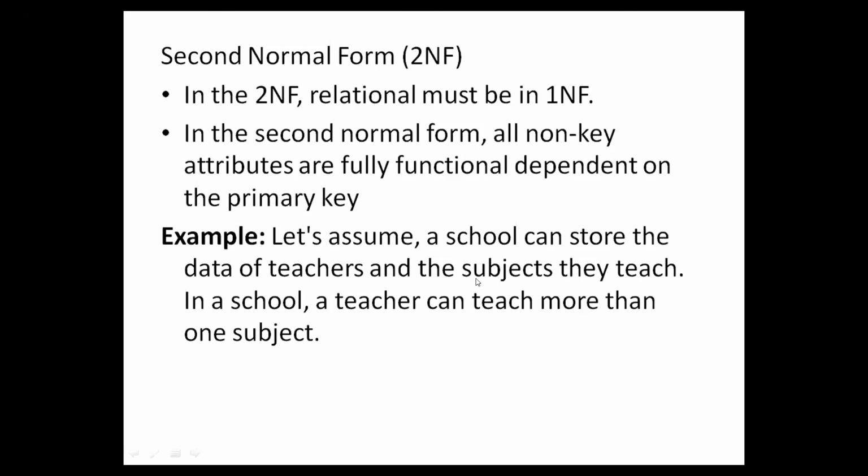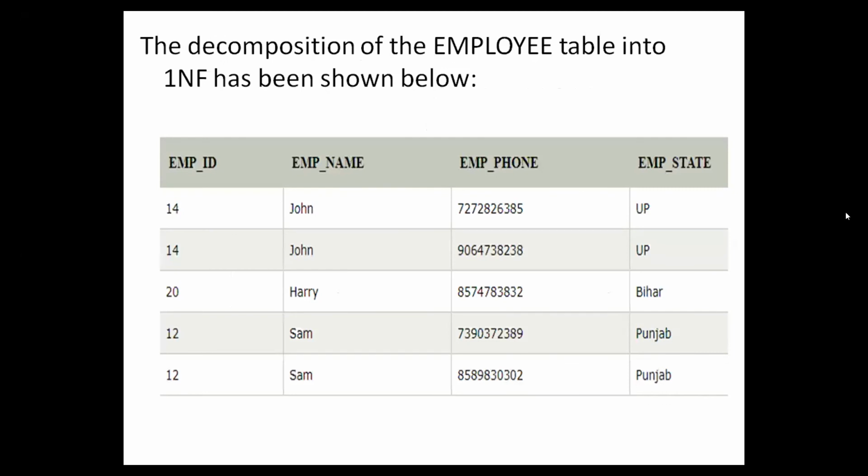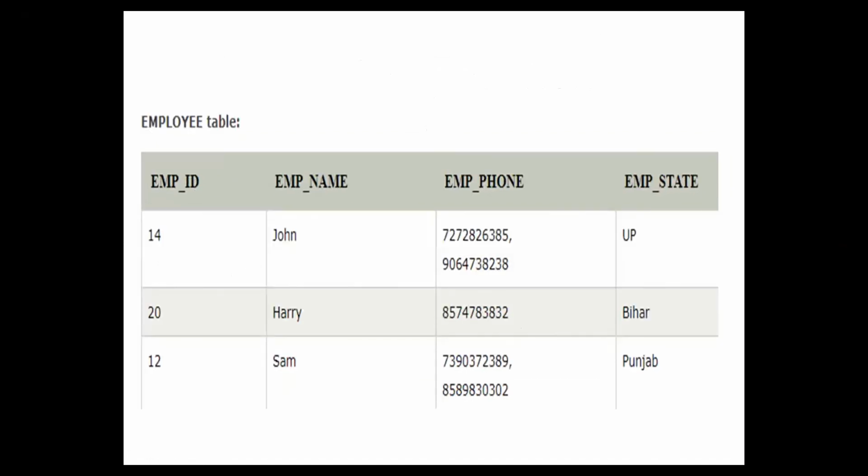You want me to explain the first normal form again? See, first normal form. So look at your table here, only then you'll be able to understand. I have got 2 values for your phone numbers here, right?